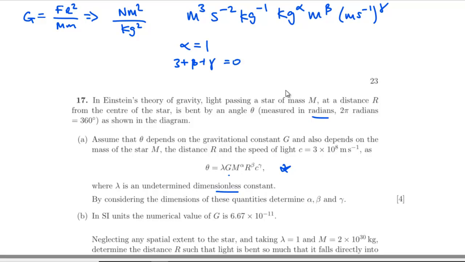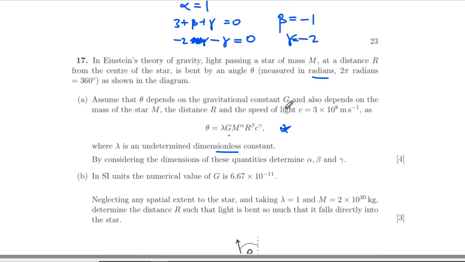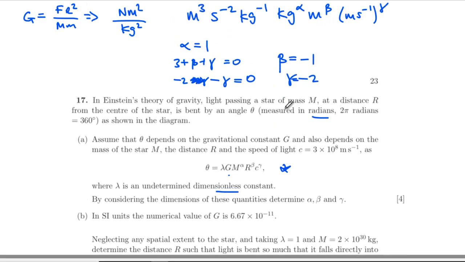And for seconds, minus 2 minus gamma, sorry, is equal to 0. So gamma is minus 2, and that means beta is minus 1. So that's good. Don't mind a bit of dimensional analysis. So that was 1, minus 1, minus 2.